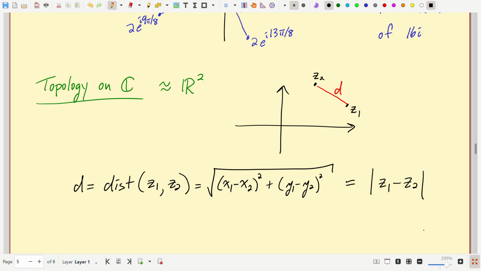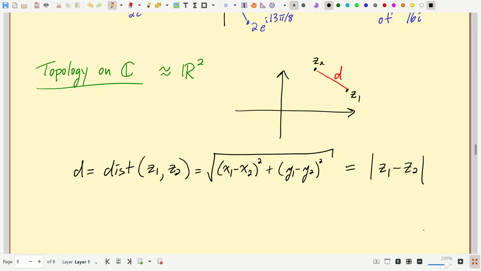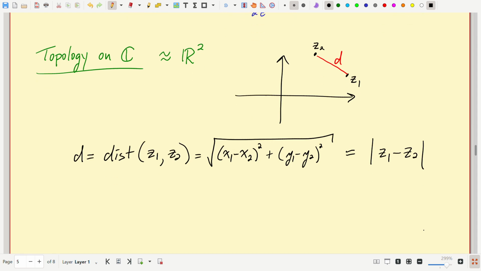If you ever had a metric space topology lesson, you'd know that disks are the critical things to define open sets. So we take the disk of radius r about a point z naught. That's going to be the set of all z such that the modulus of z minus z naught is strictly less than r.